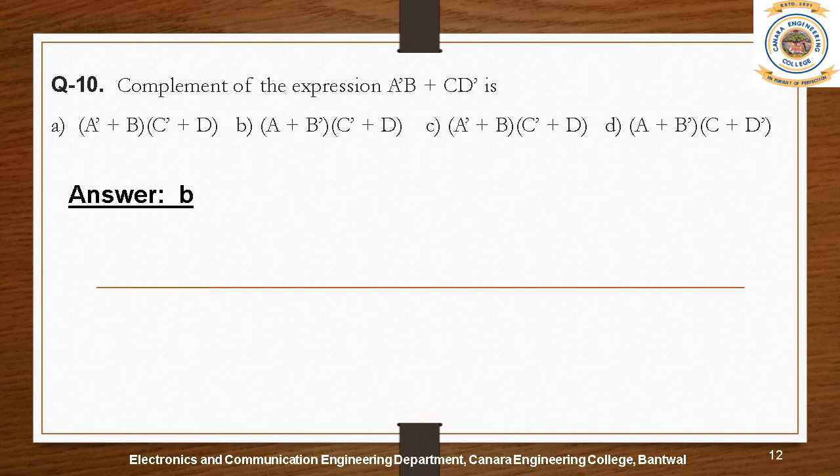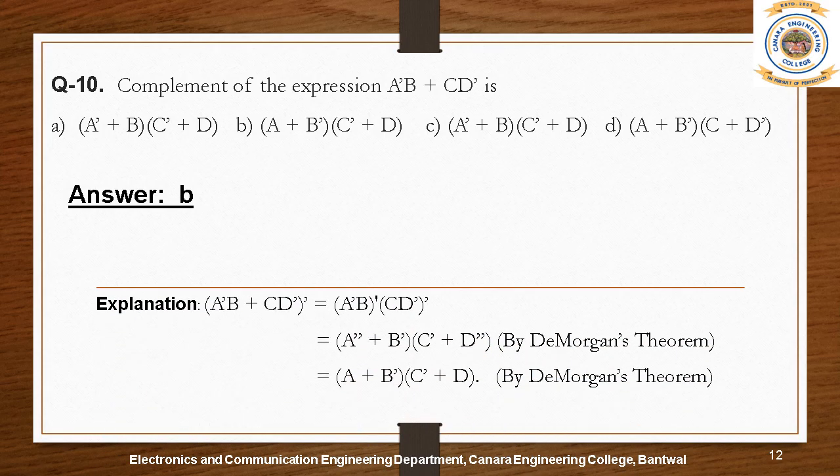Wherever there is an AND operation, it will be an OR operation. Wherever there is an OR operation, there will be an AND operation. A bar is A, B is B bar, D bar is D, C bar is C, C is C bar. Okay, it is by De Morgan's theorem.